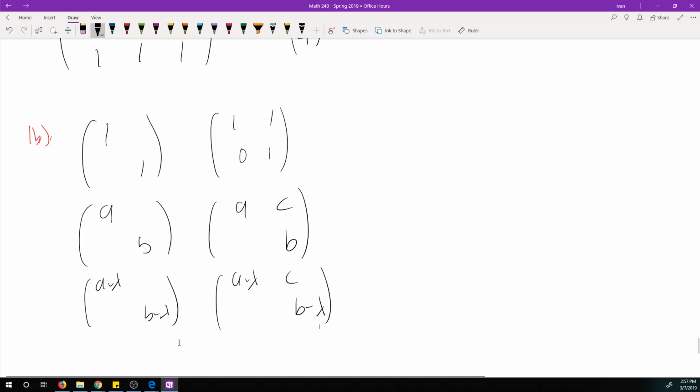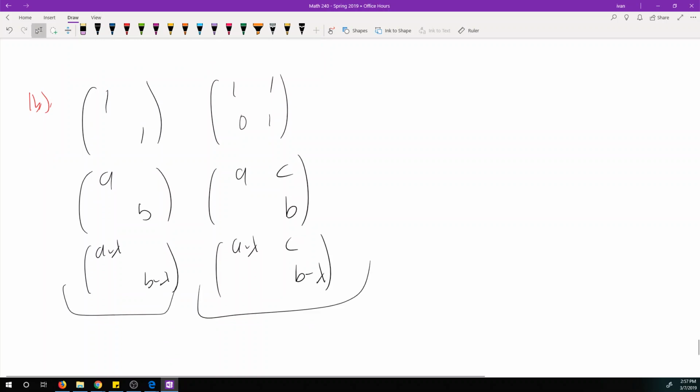The determinant of both of these matrices is the same thing: A minus lambda times B minus lambda. But the kernels are going to be different because of this C. Yeah, exactly.